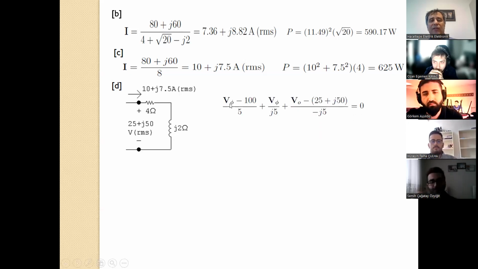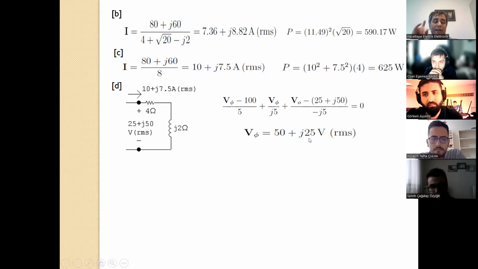Then you are going to calculate V5 again. This V output should be V5. You have to correct this one too, because the output voltage is already calculated as 25 plus J50 here. V5 then can be calculated as 50 plus J25. This middle node is the so-critical node.